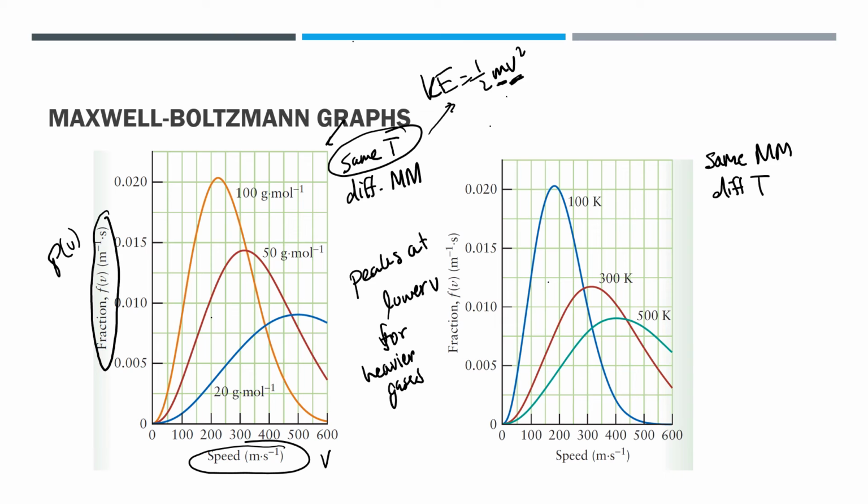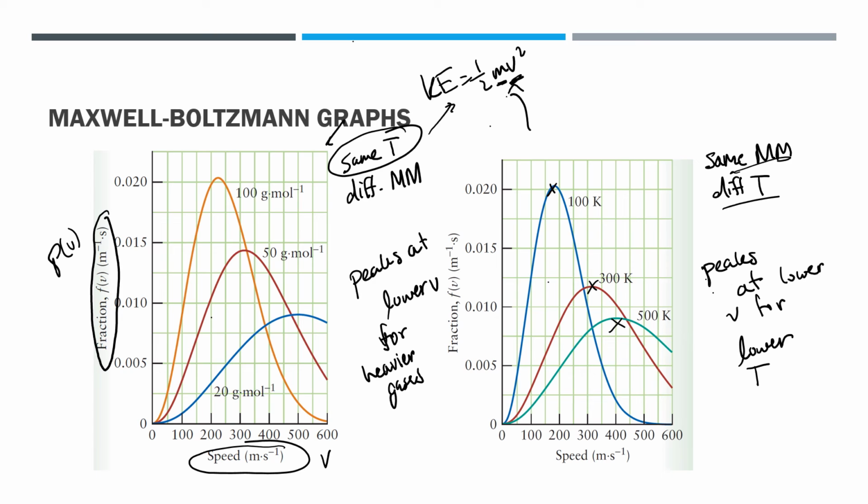The next graph, we have same molar mass and different temperature, and you can see again the peaks. The peaks are at lower v, lower velocity, for lower temps. The lower the temperature, the lower the kinetic energy, and therefore the lower the velocity.